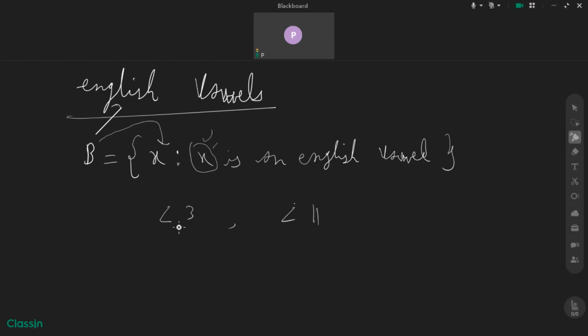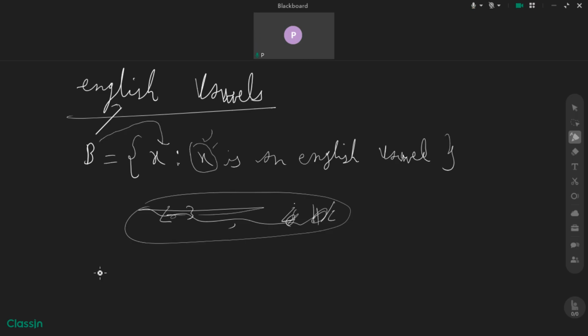So it's a set where all the elements are natural numbers, greater than 3 and less than 11. Let's represent this set using set builder form.